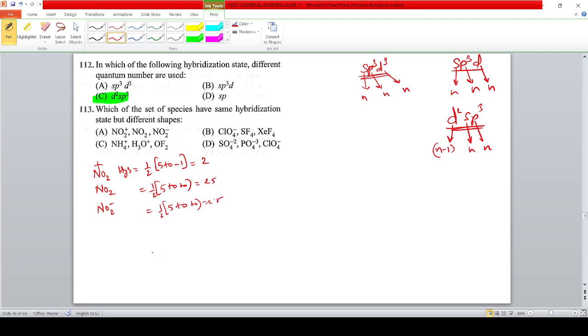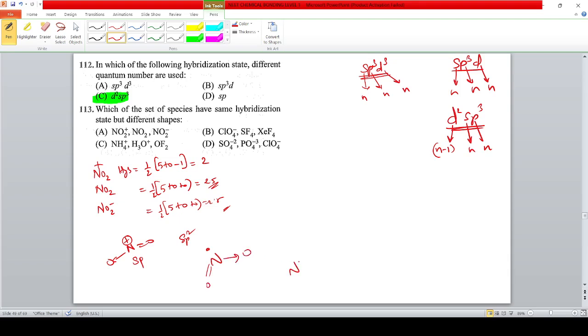Half into valence electrons plus monovalent atoms plus or minus charge, it is also 2.5. Leave it. Here, in case of nitrogen and its compounds, this is structure 1. So 2 bond pairs this side and that side, it is sp hybridization. Whereas the remaining 2 belong to the sp2 category. 2.5 doesn't mean anything here, the formula will not work out in all cases, right? Here we have to consider that single electron also in case of NO2.